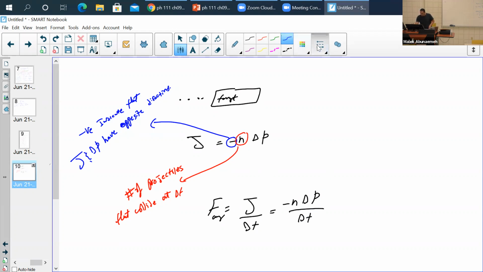And again, your change of momentum is going to be your mass times velocity. So this is going to equal minus n, the number of projectiles, multiplied by your mass multiplied by your delta v, divided by your delta t.